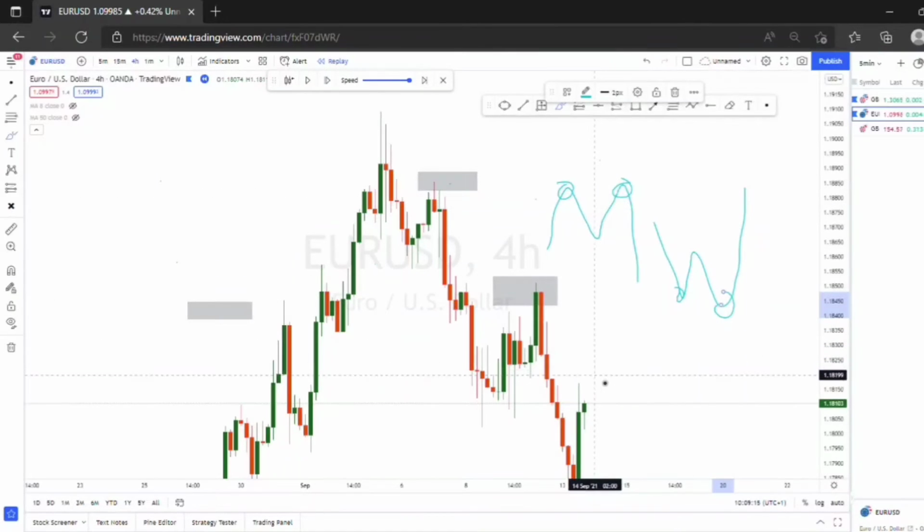Another thing you want to pay attention to is this guy right here, the head and shoulders pattern. What this means is price has its impulse move at this point here, another impulse move at this point here. Then after that, price failed to break above the previous impulse. Right?